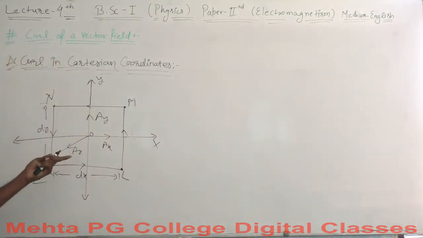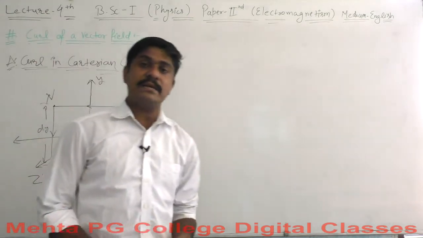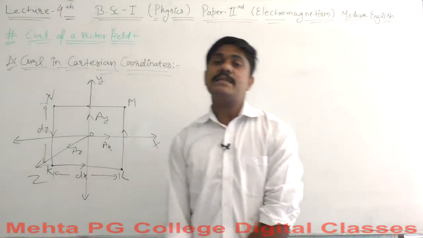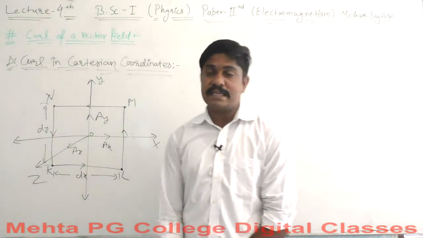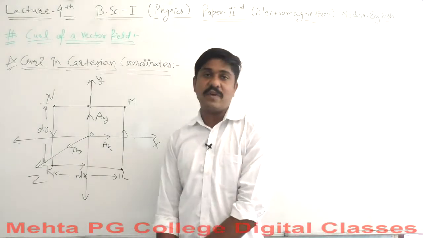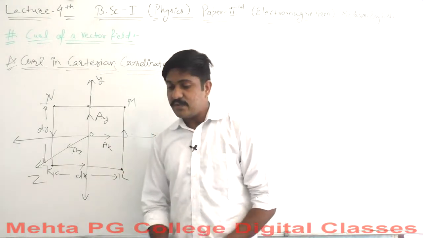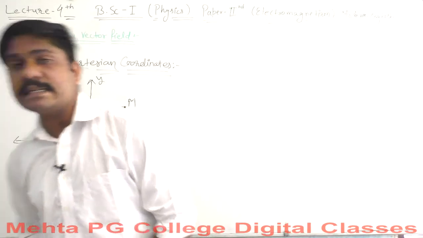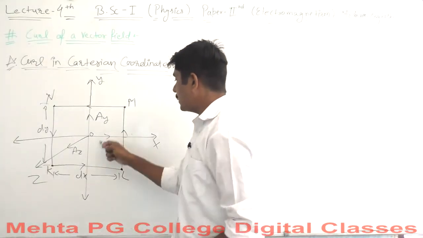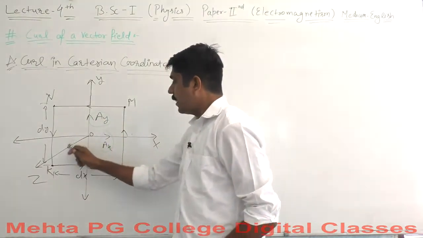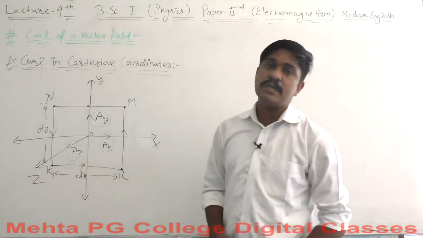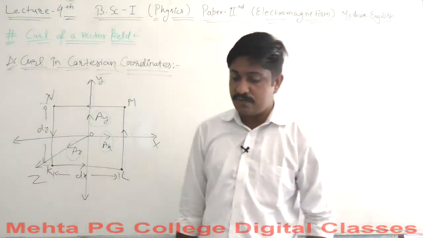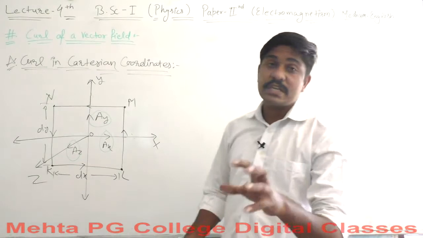Okay, so we have the vector quantity A, and the axial components are Ax for the x-axis, Ay for the y-axis, and Az for the z-axis. So these are the axial components here. But every time we talk about axial components, we will talk about the change in the vector quantity.